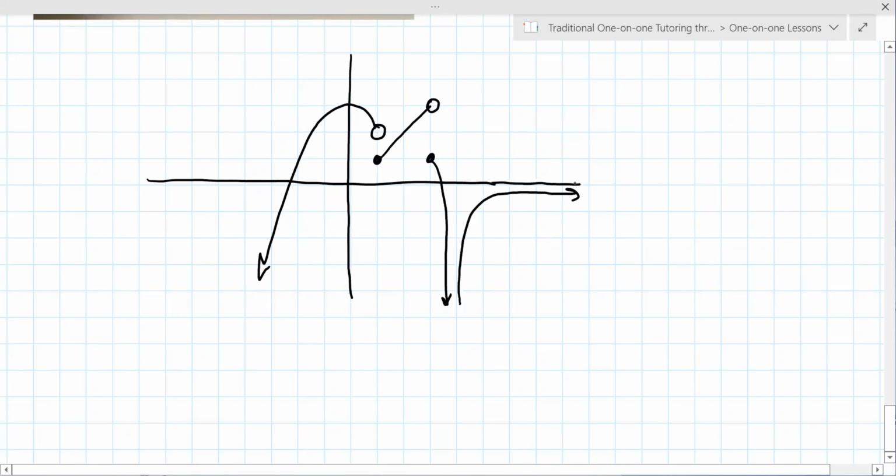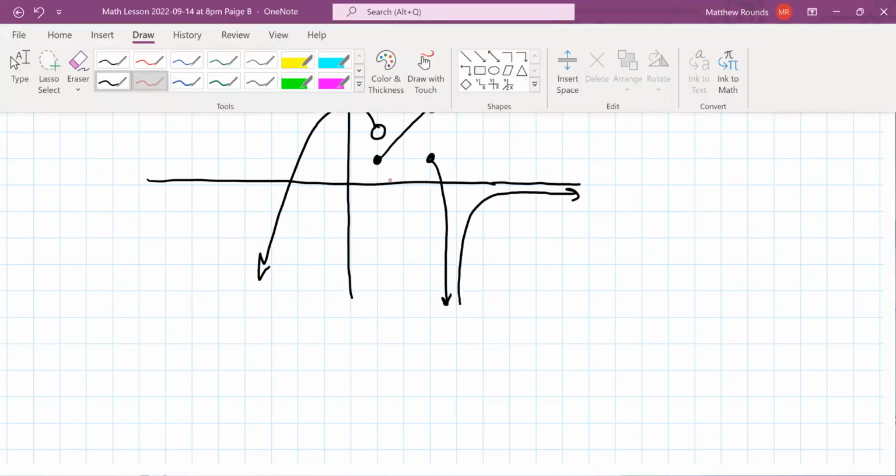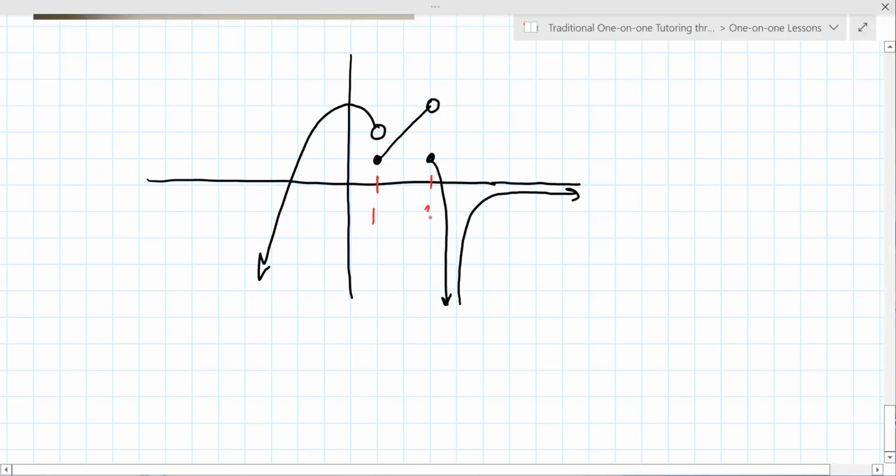I'm envisioning something like this again, which is very similar to what you already had. What you're looking for are places where the graph doesn't have any overlap. Like the potential problem areas are at 1, 3, and 4.